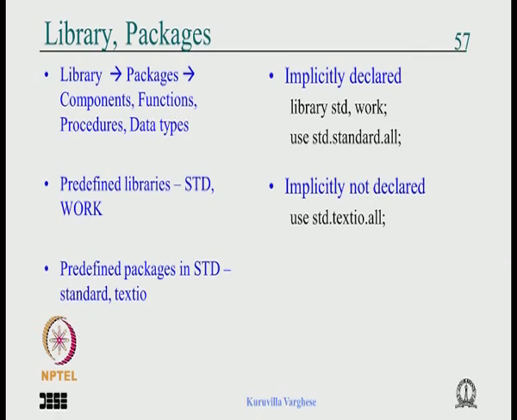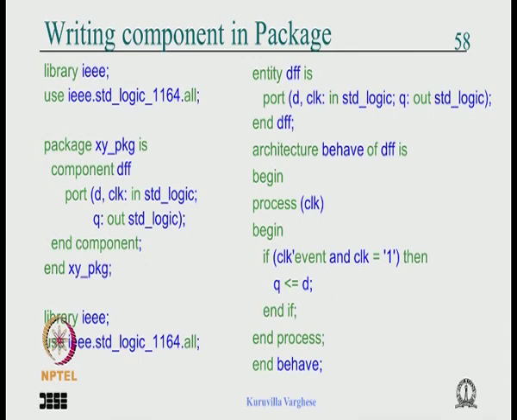Let us now see how we can write the D flip flop in a package. This is how it is written. This is the entity and the architecture of the D flip flop. You say library declaration, package declaration, entity which we now call DFF, the port is D and clock as inputs, Q as the output, and we write the architecture declaration region with the process for the D flip flop.